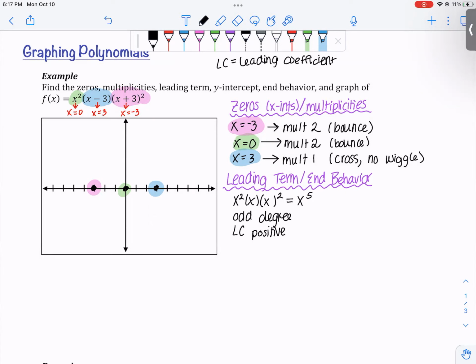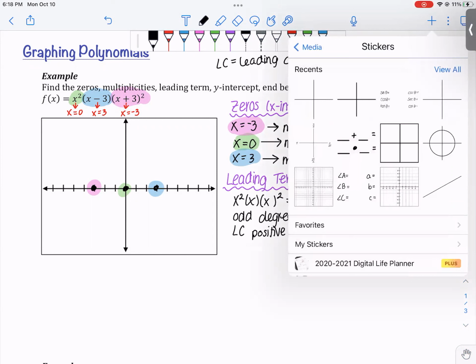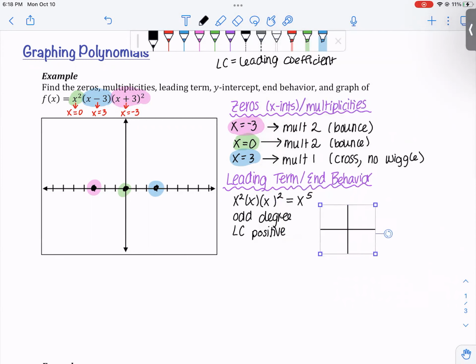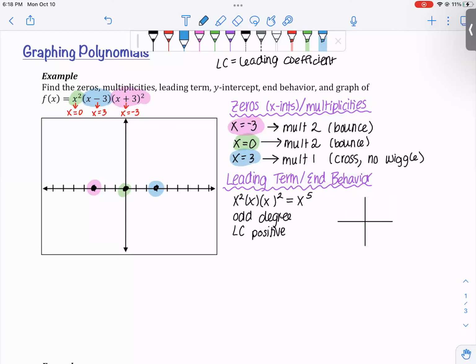So the leading coefficient being positive means that the right side goes up. Odd degree means the end behavior goes in opposite directions. So I know that this graph is going to leave up this way. It's going to exit down this way.